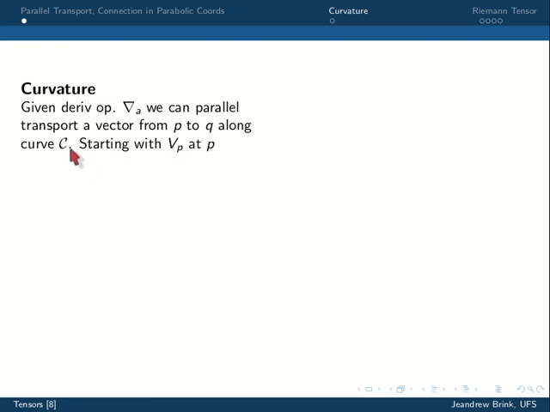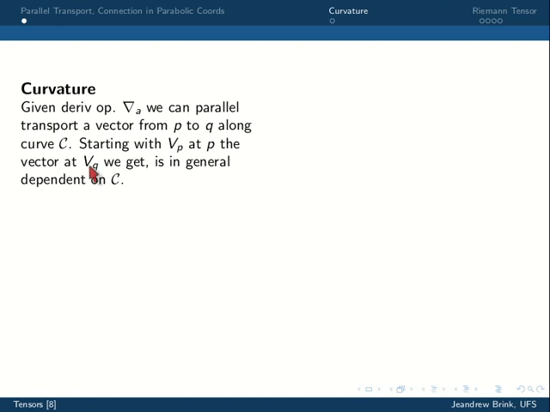So let's suppose we start with a vector V at P, and we then get a vector at Q, which in general is dependent on C. In flat space it's not: it goes around and comes back the same. In general, the curve you transported along determines what the vector is at Q.